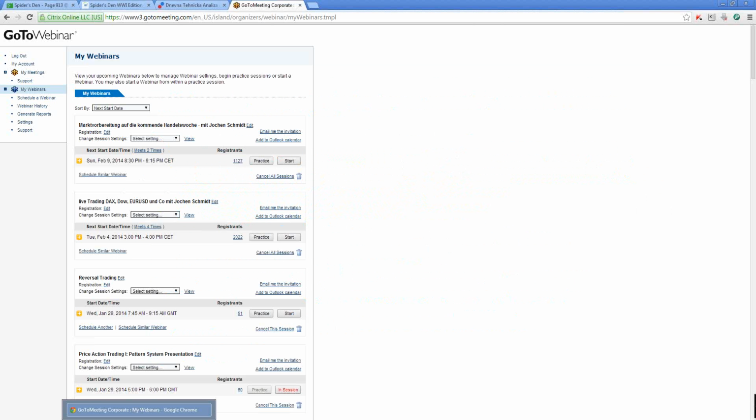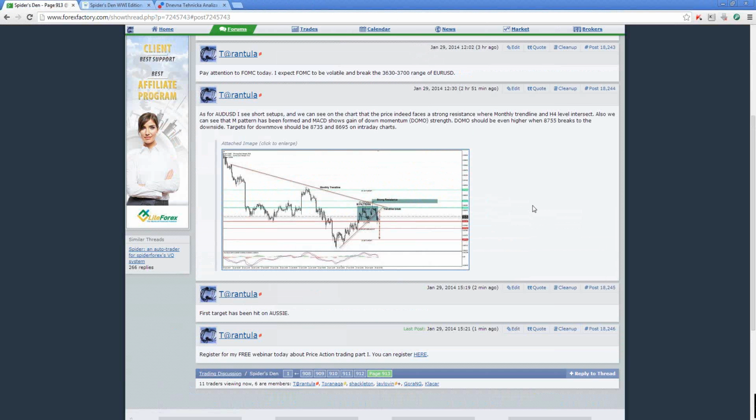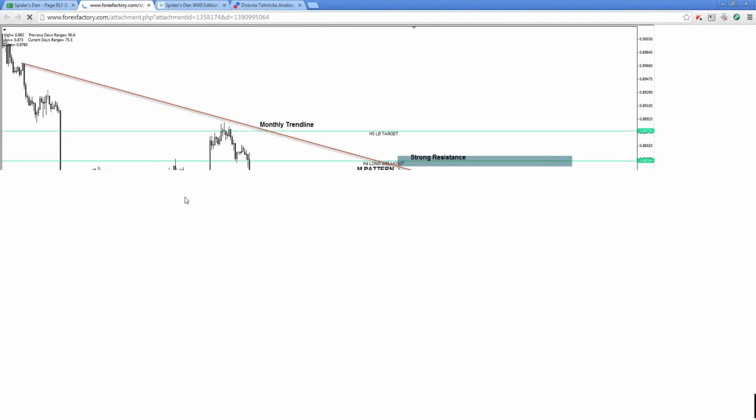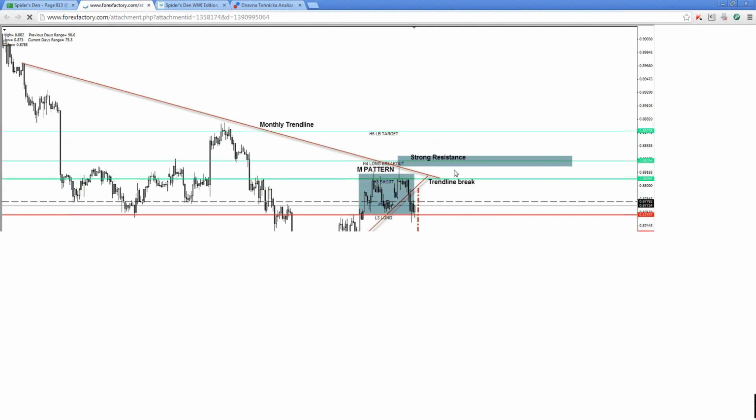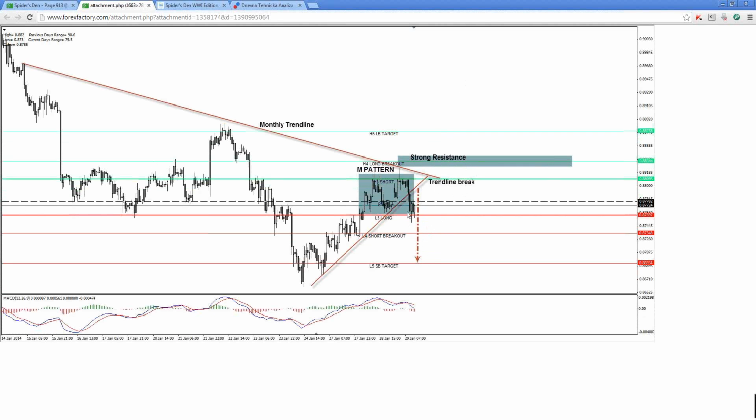Also, I need to apologize for this. As you can see, today I had an analysis on Aussie, based on my proprietary method, Camarilla MACD, which is a combination of price action and indicator.